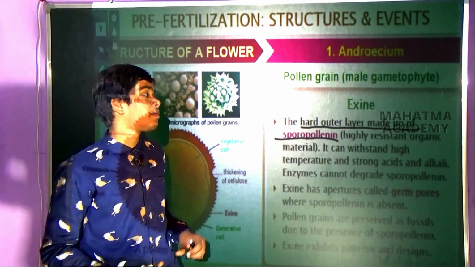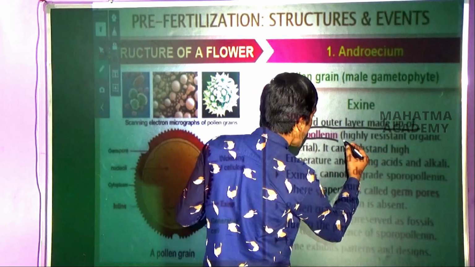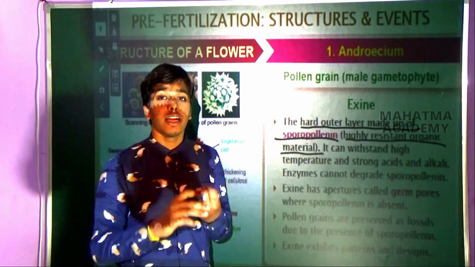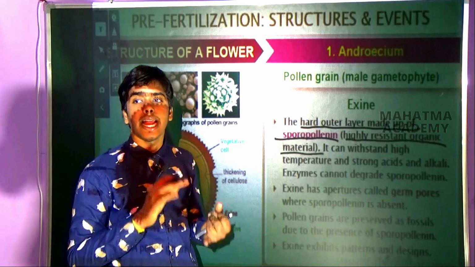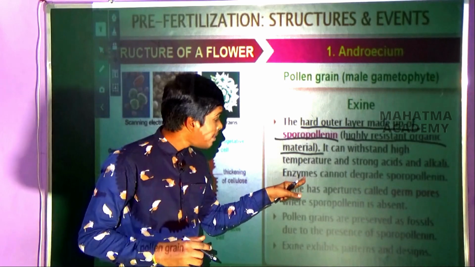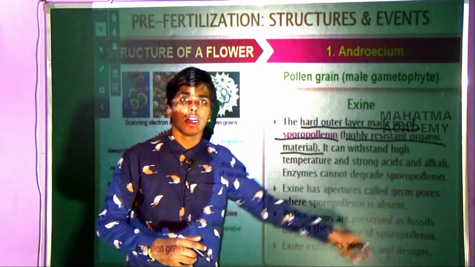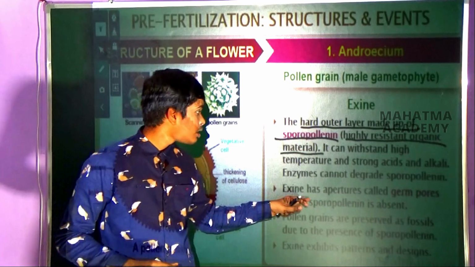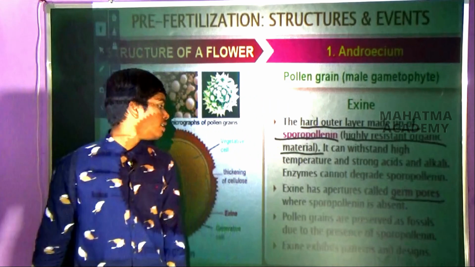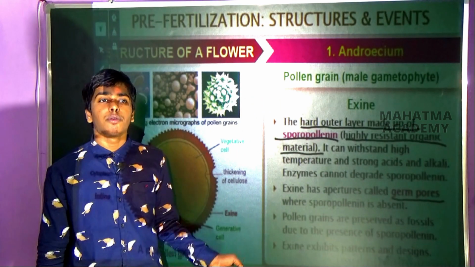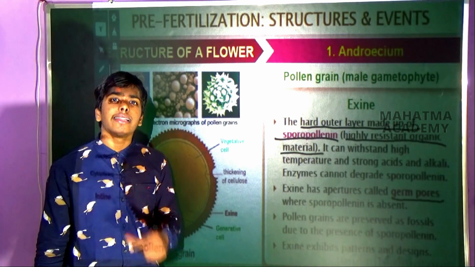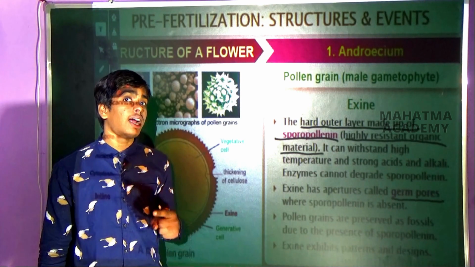It is a highly resistant organic material, so it can withstand adverse conditions like high temperature and high pH. Exine has apertures called germ pores. From these germ pores, the pollen tube arises. Do you have any doubt?